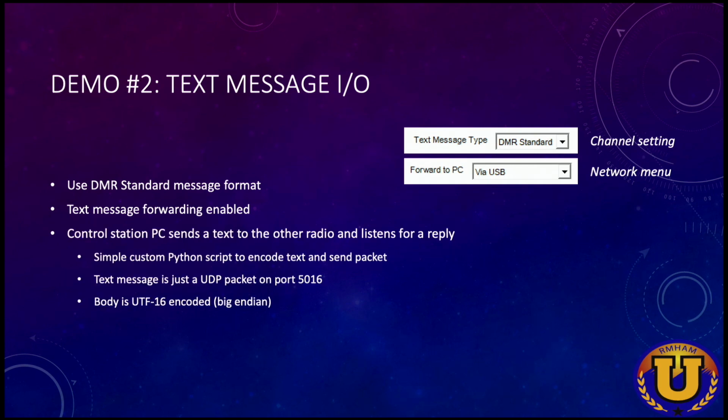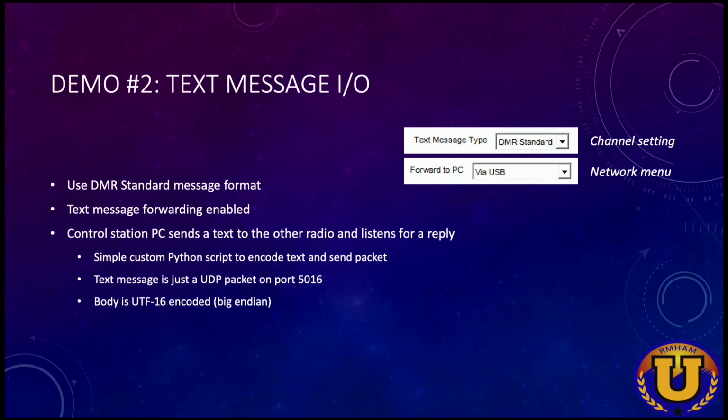So what's going to happen in this demo is one of the PCs is basically going to send a text message originating from the computer to the portable radio on the other side. And then we're going to wait for a reply to come back. So yes, it is UDP port 5016.